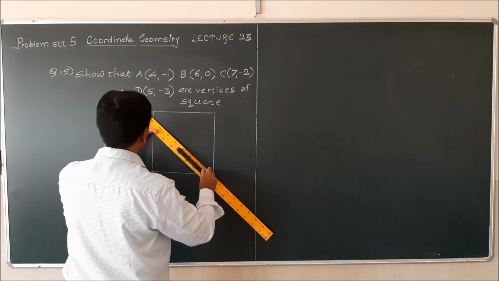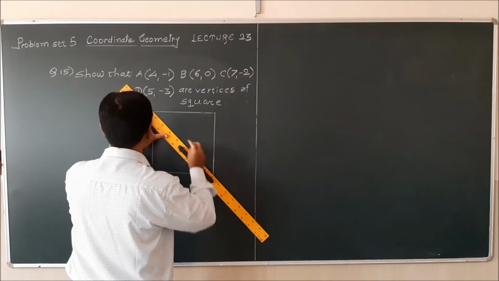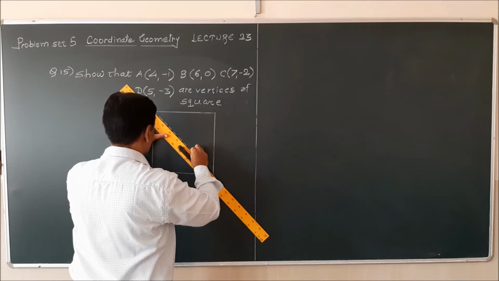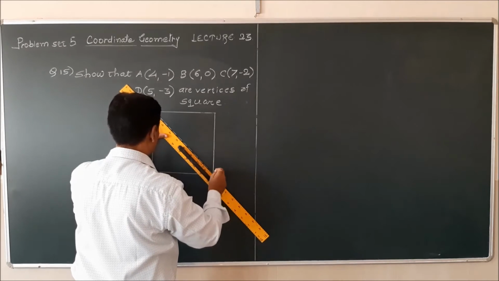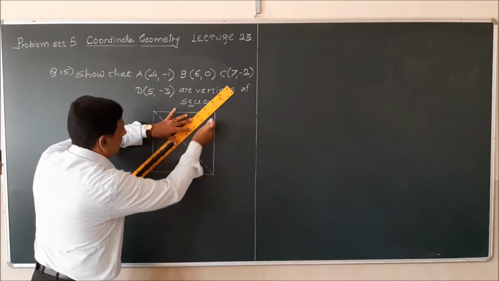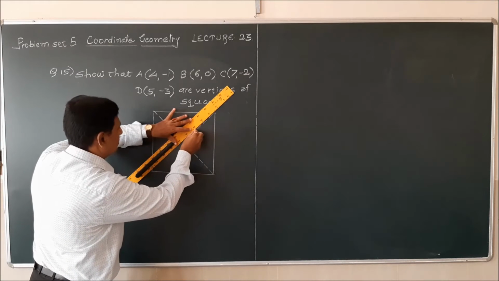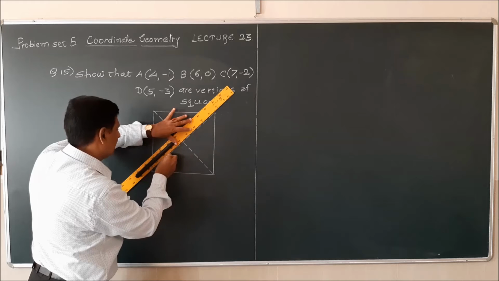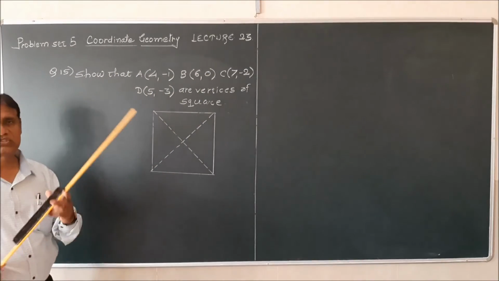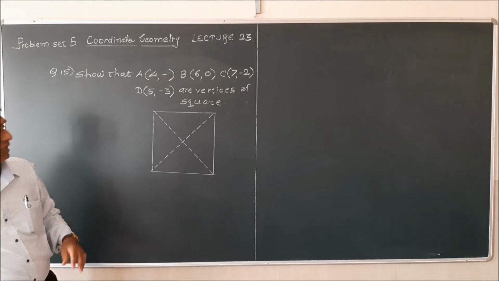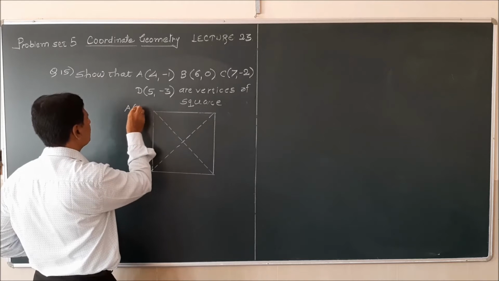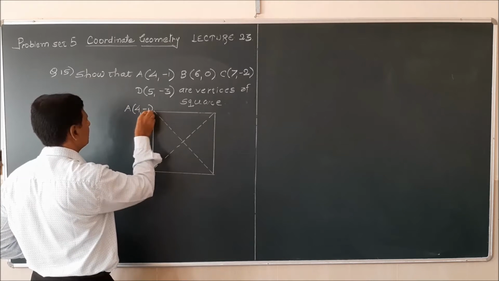And in addition to that, we also have to prove it's a square. So it can be a rhombus also. If all sides are congruent, it can be a rhombus also. So in addition to that, the difference between rhombus and square is that diagonals of a square are congruent.